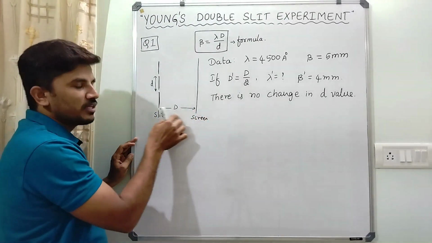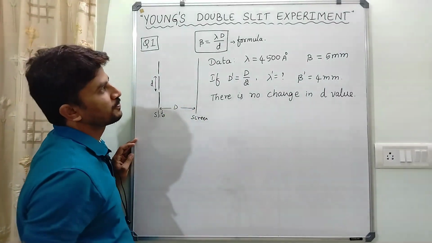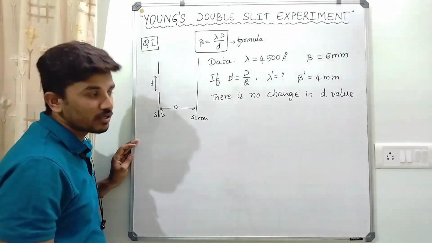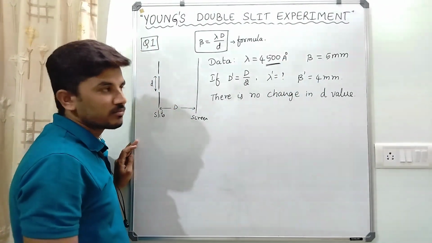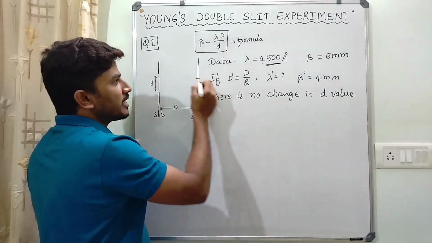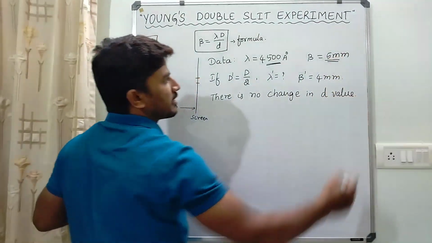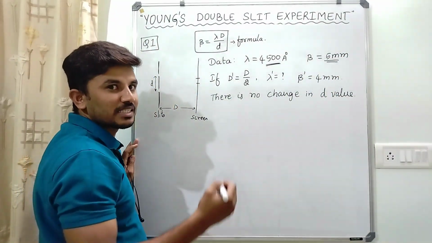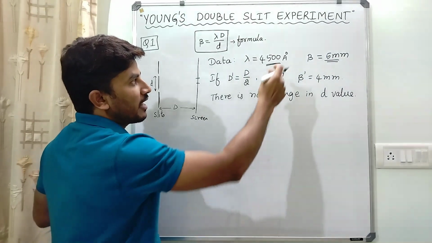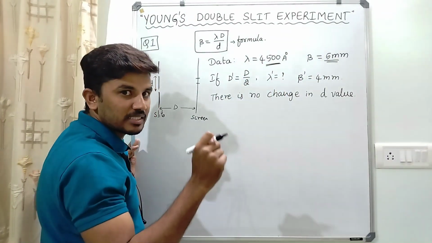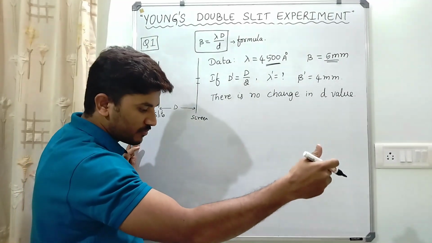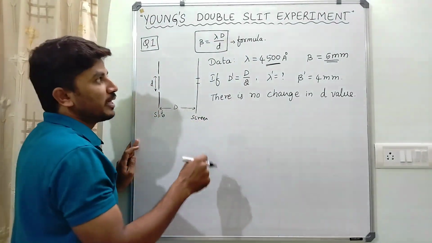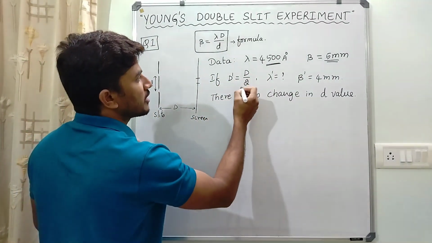This is the distance between the screen and the slits. Dear students, when they use wavelength of 4500 angstrom, the fringe width obtained is 5 millimeter. Millimeter means 10 to the power minus 3 meter. Angstrom is 10 to the power minus 10 meter. You need to convert it into meters. It is required, but let me keep it like that only.